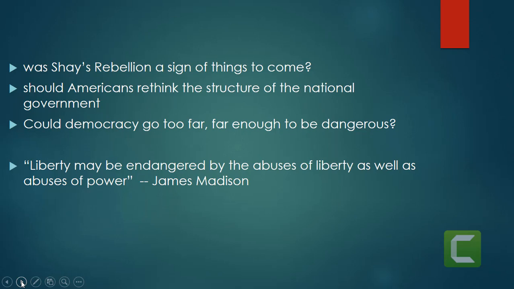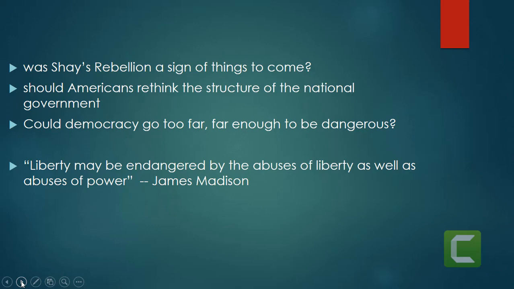That, yes, of course, abuses of power are dangerous and damaging to liberty, but so too was perhaps having too much liberty. That, when it escalates to the point where you have mobs attacking courts so that the courts can't carry out their job, is that not perhaps a sign that liberty has gone too far, at least in that case?